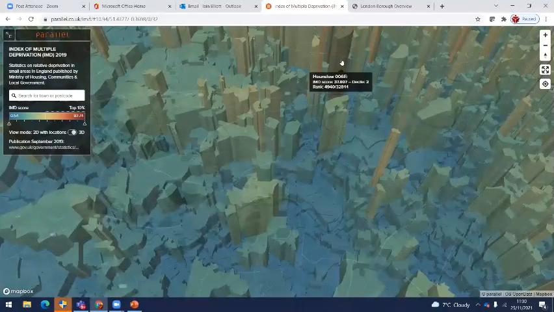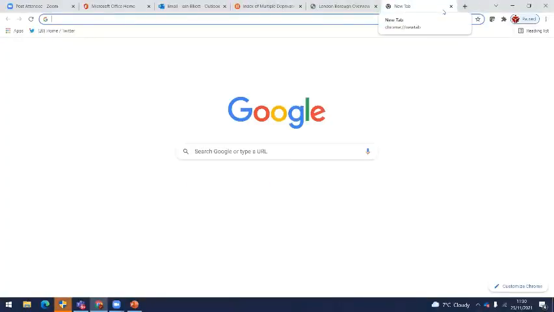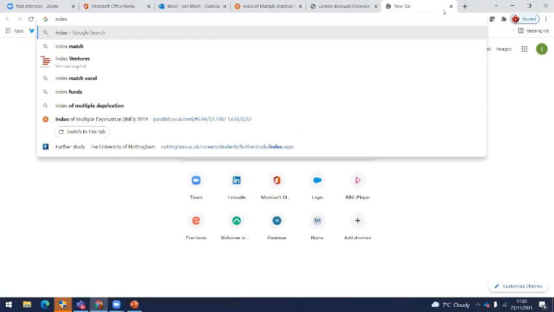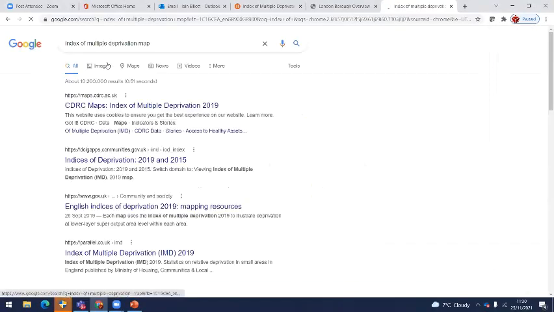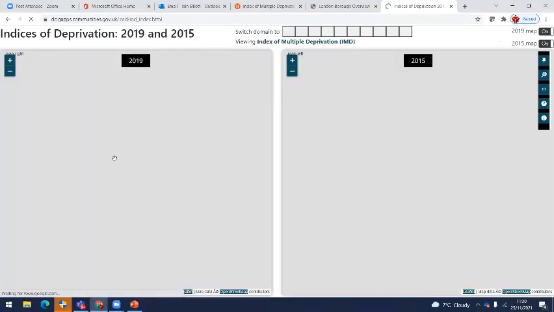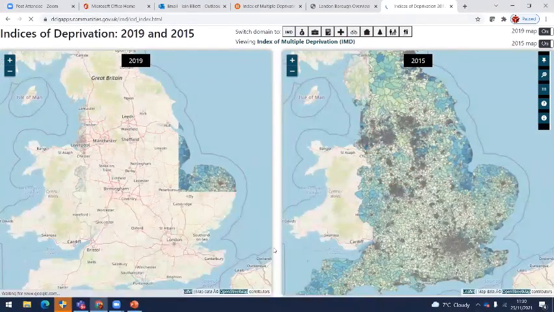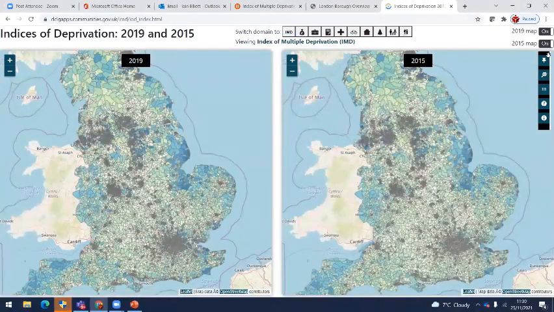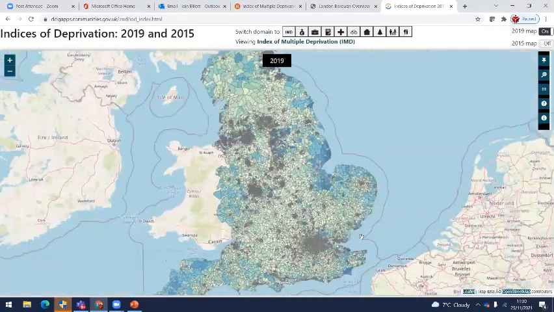And in fact there is another map which is slightly different. This one compares 2015 and 2019.